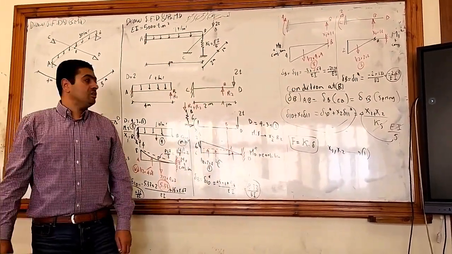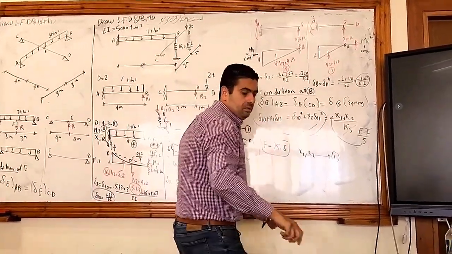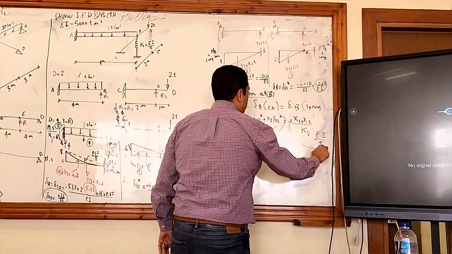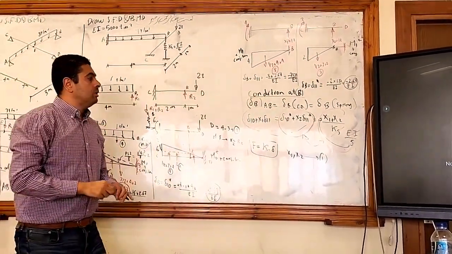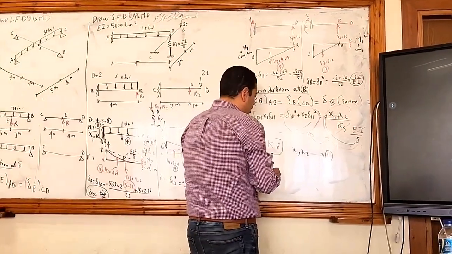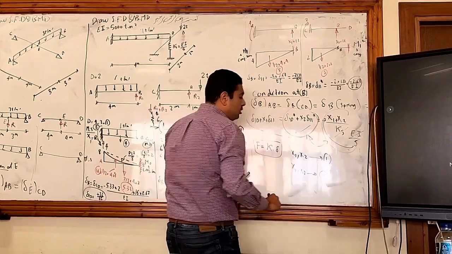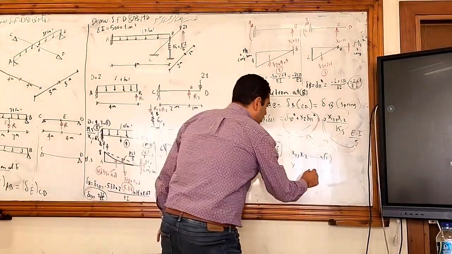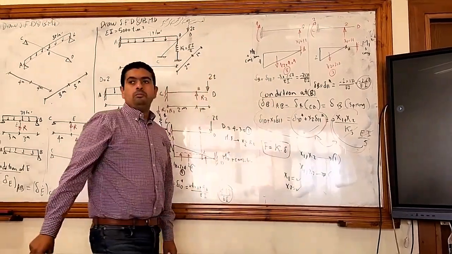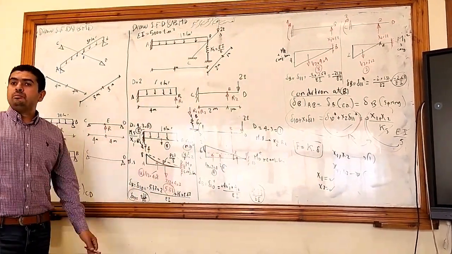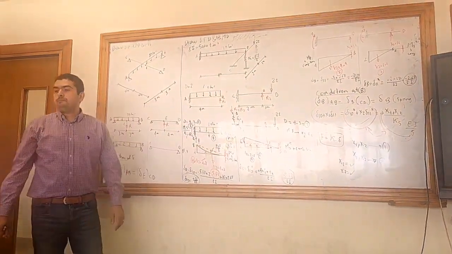And then the second equation, take any of them, this or this, and take the third part equal to each other. So I will get another equation in terms of X1 and X2. Solve the 2 equations with each other, so I can get X1 and X2. And then when I draw the shear force and moment, I will draw for each part individually.